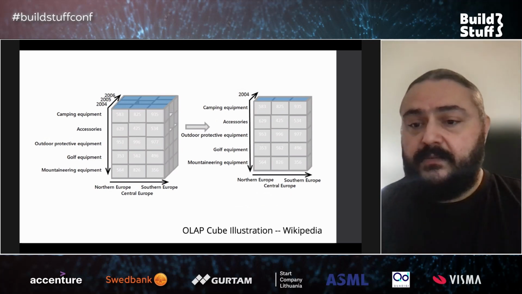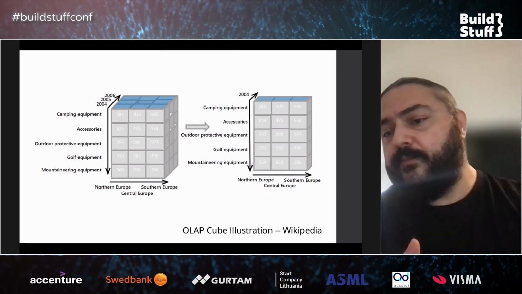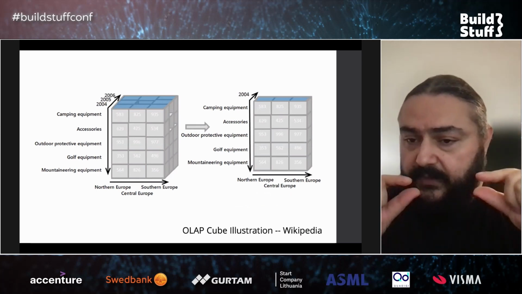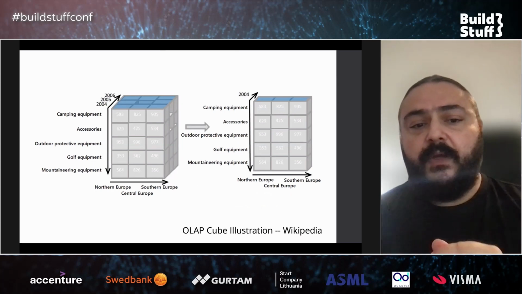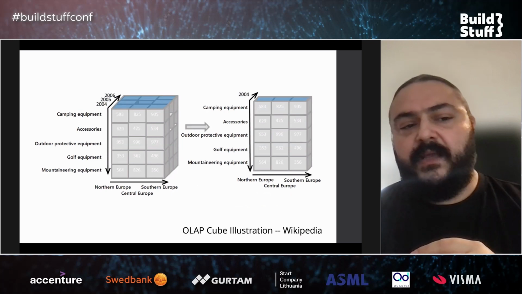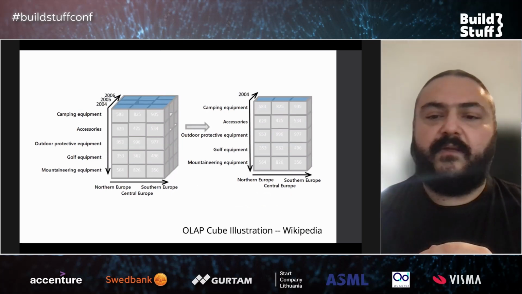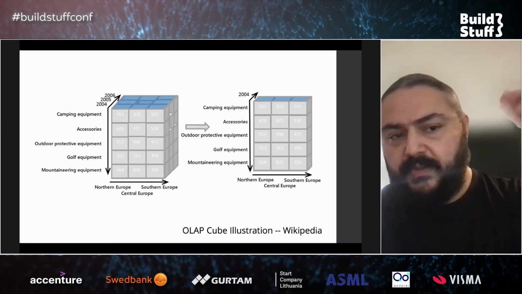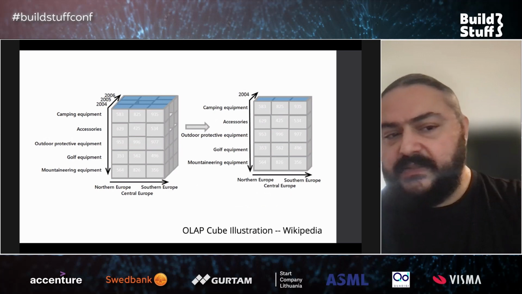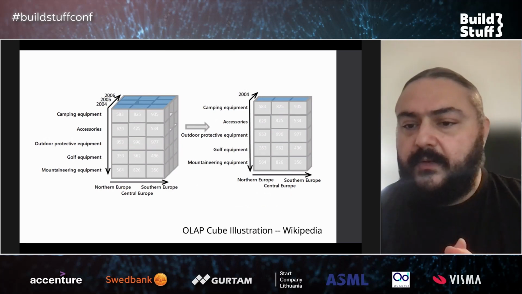You can now take this multidimensional structure in memory and slice it along any pre-computed dimensions and get the aggregates for that dimension. So in this example, if you want to see all of the sales of camping equipment in Northern Europe in 2005, we would need to find the specific cell, which is 2005 along one axis, camping equipment on the other axis, and Northern Europe on the third axis.